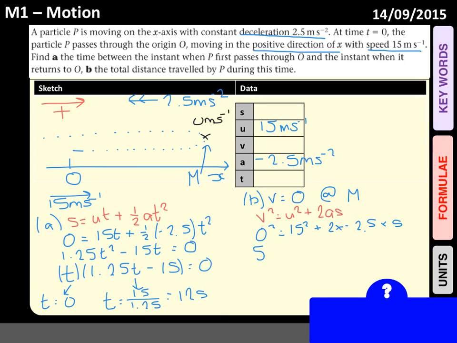So we've got 5s equals 225, and therefore s has got to be equal to 45 metres. So that's our displacement from O to M. So therefore, my total distance is going to be twice that. So my total distance is going to be equal to 90 metres, going from O to M and then back from M to O.